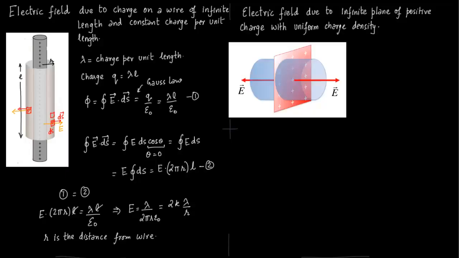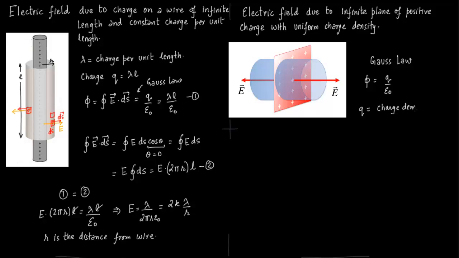Now we come to the second problem. We want to compute the electric field due to an infinite plane of positive charge with uniform charge density. The plate is given now in red. It is a positively charged plate. So the flux by Gauss's law is given as Q over epsilon 0. What is this charge Q?